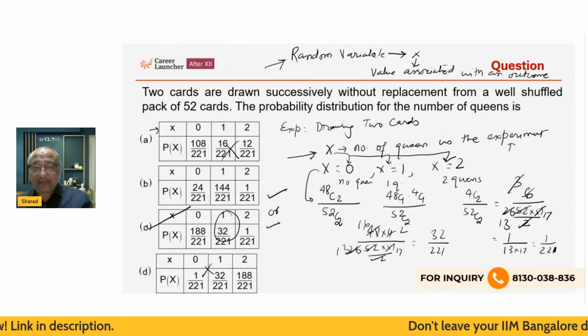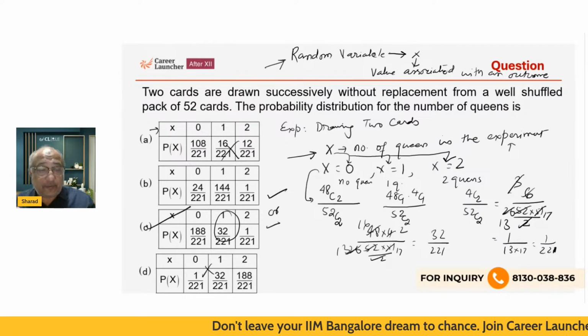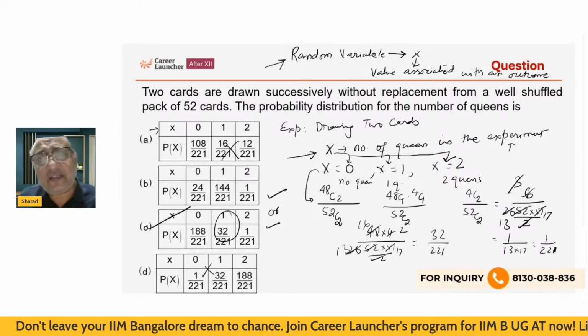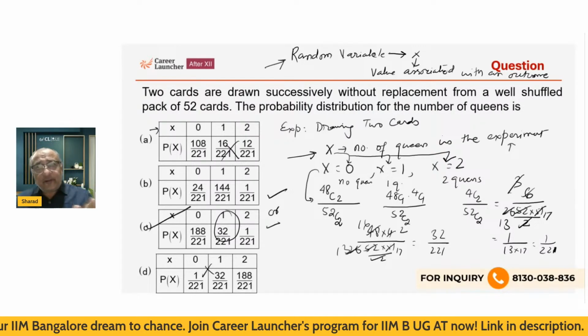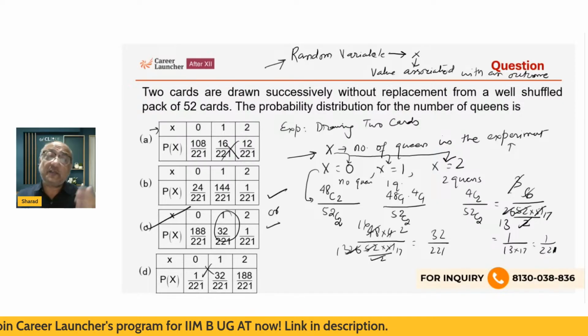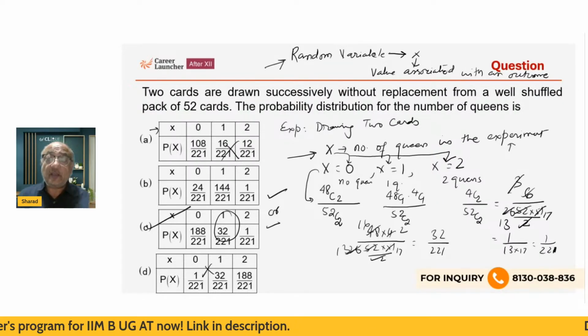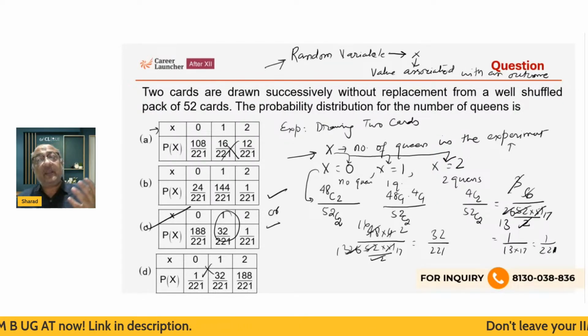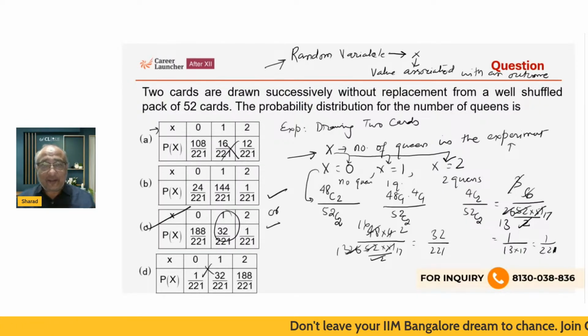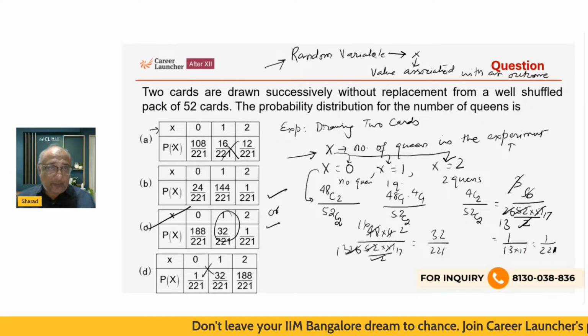Okay, very nice. So I've understood. See, random variable is nothing but value associated with a result. Different types of outcomes are possible if an event is conducted. Two cards drawn, it may be there is no queen, or there can be one queen, or there can be two queens. That is how I have got this important. Let me box it.